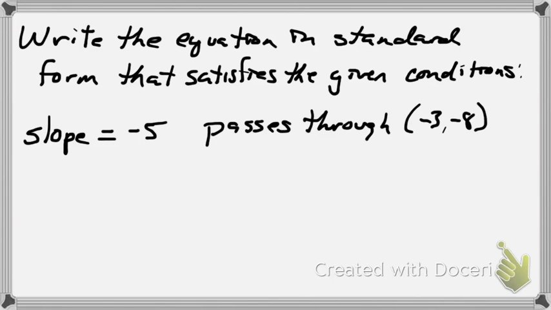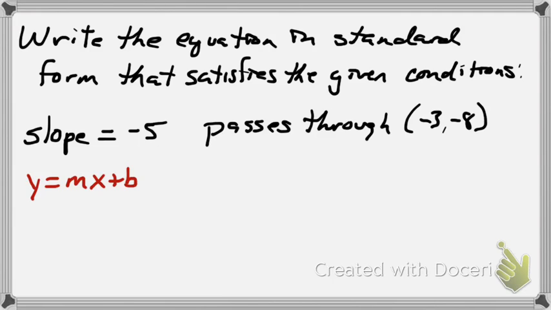So to start, we have y equals mx plus b, and we're going to fill in numbers for everything except b. We know the slope, and we know a point. And those are the two ingredients you need to cook through this problem. A slope and a point.